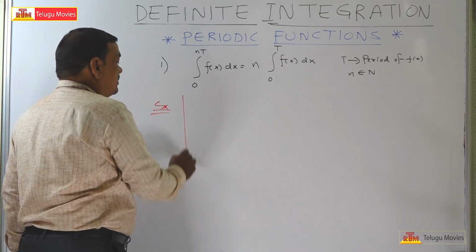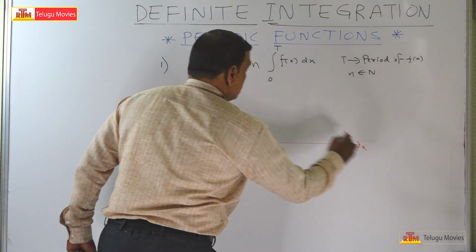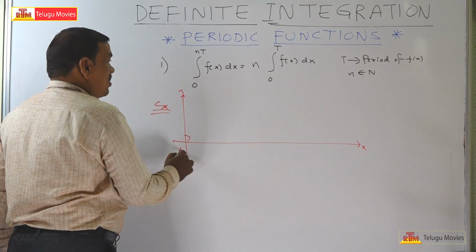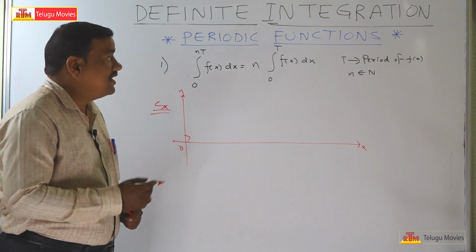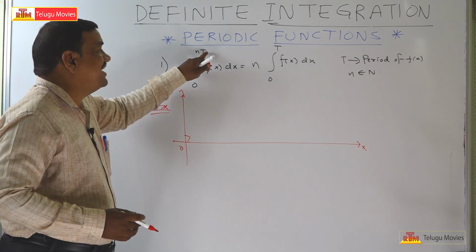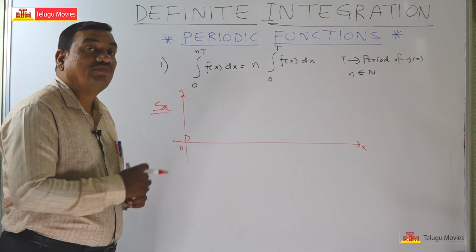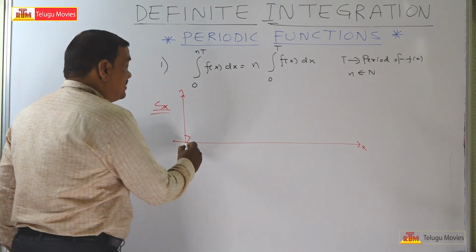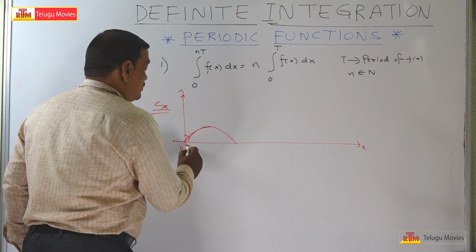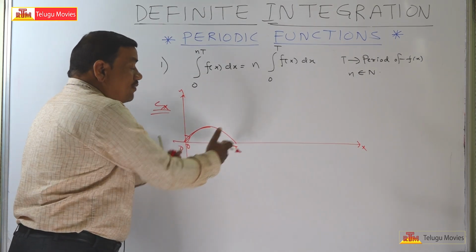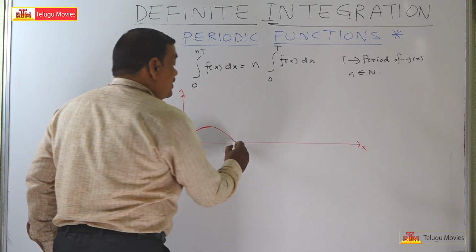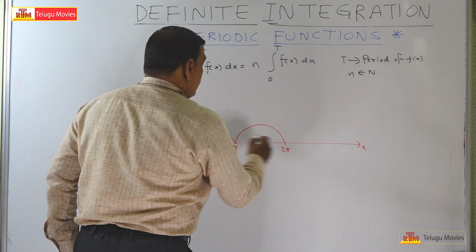So let us take the x-axis and y-axis with the origin. Here f(x) is a periodic function of period T. Let us see the graph from 0 to T. Since the length of the interval is T, again T to 2T has the same shape.